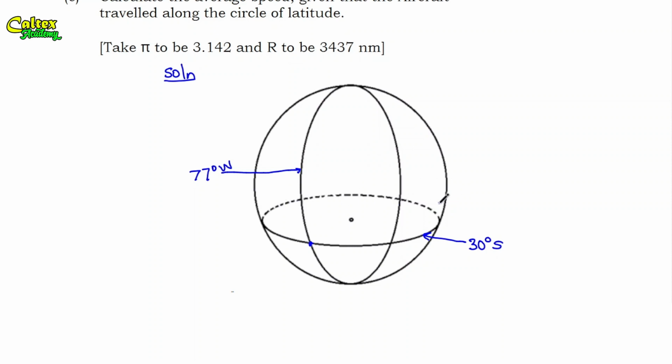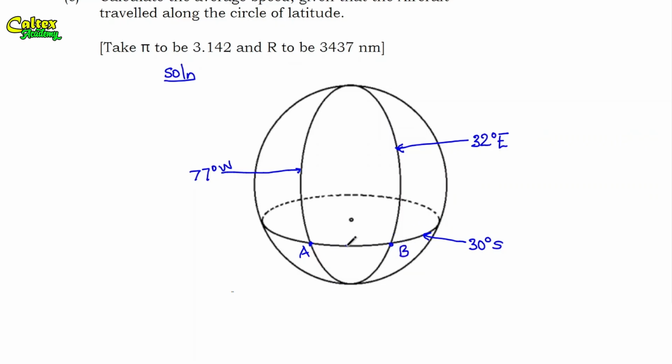We're not concerned about that for now. So this is our point A. And point B is at the same latitude, which is 30 degrees south, and is at a longitude of 32 degrees in the eastern hemisphere. So this is our point B.